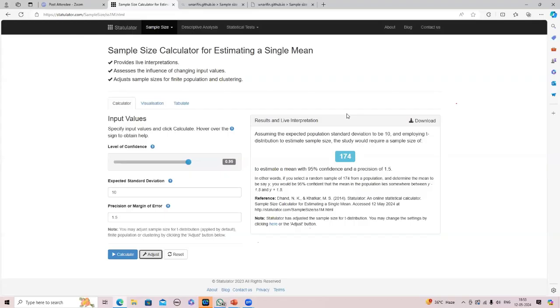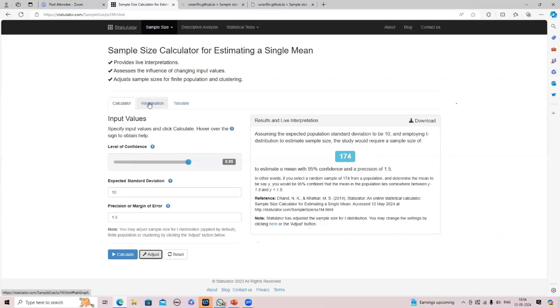Generally, in calculation of sample size, we assume the standard deviation from previous studies, or assume that this is our population standard deviation. But if you have a pilot study or some other study, in that case you calculate the sample size based on your sample, so you can go for the T distribution also. In that case, the sample size will increase marginally from 171 to 174.